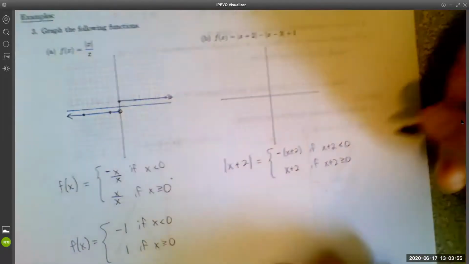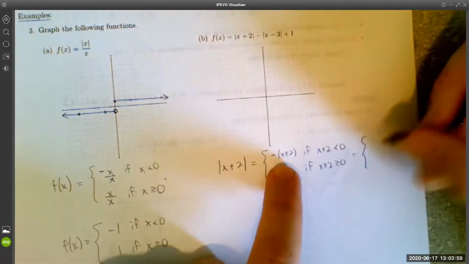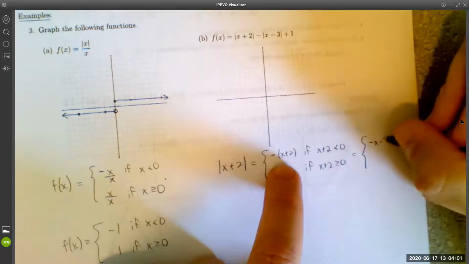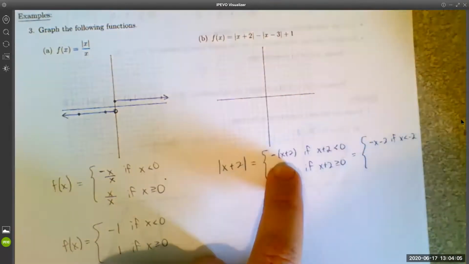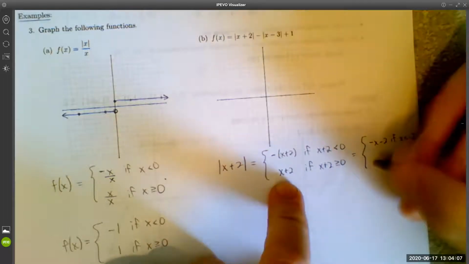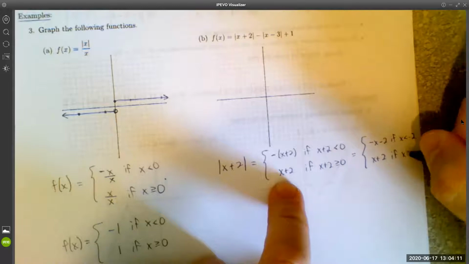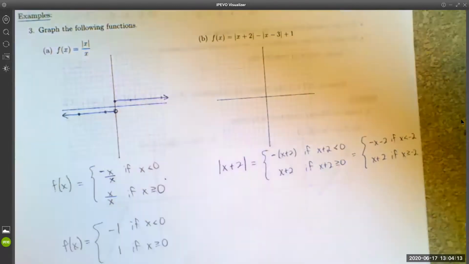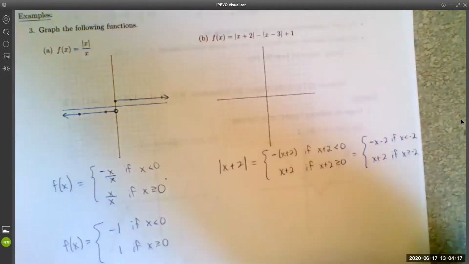So let me simplify that a little bit. That means that this is going to be negative x minus 2 if x is less than negative 2, or it's going to be x plus 2 if x is greater than or equal to negative 2. So that's what the absolute value of x plus 2 is.